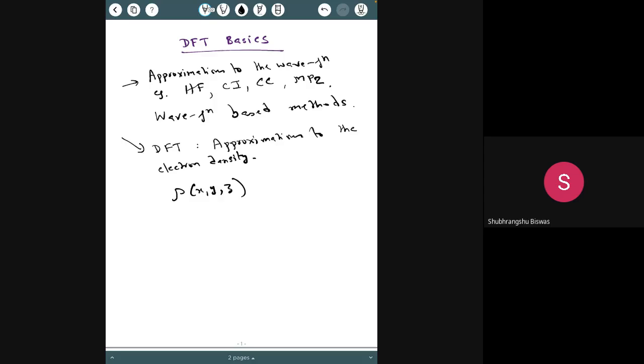Okay. But what makes DFT possible? If you think about it, guessing a form for the density that will fit all molecules is practically impossible, because the position of the nuclei in your molecule entirely determines how the electrons will move.